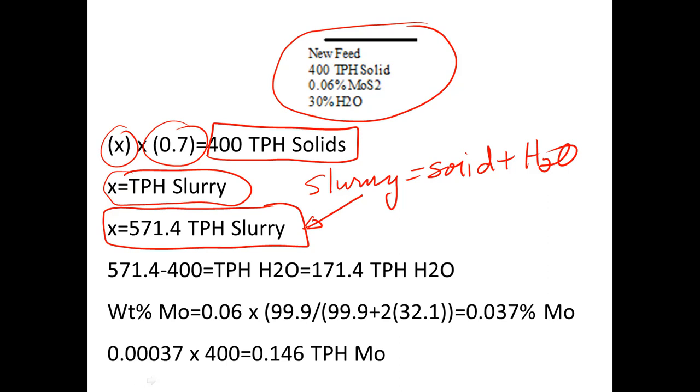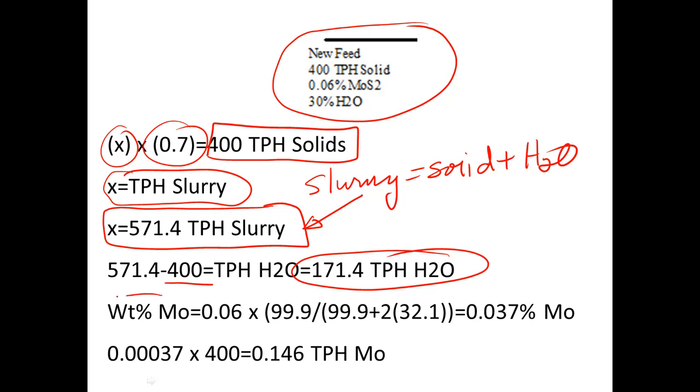And once I have that, I can subtract the solid value to get at my liquid. And so now I know that my liquid weight is 171.4 ton per hour, just by taking slurry minus solid.